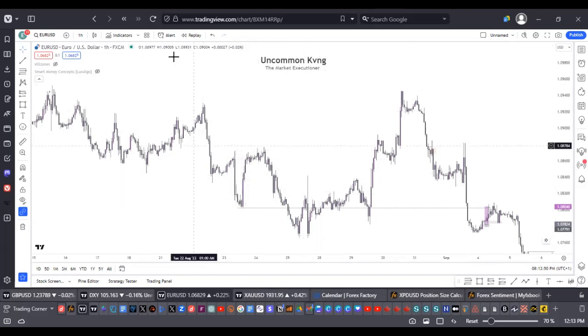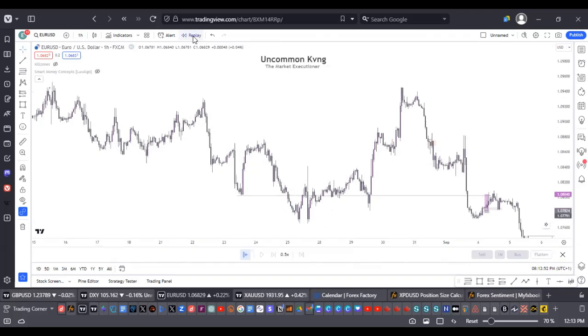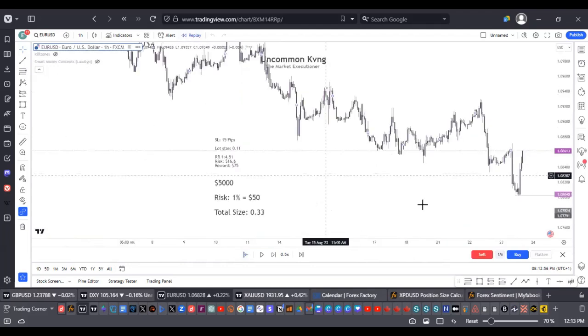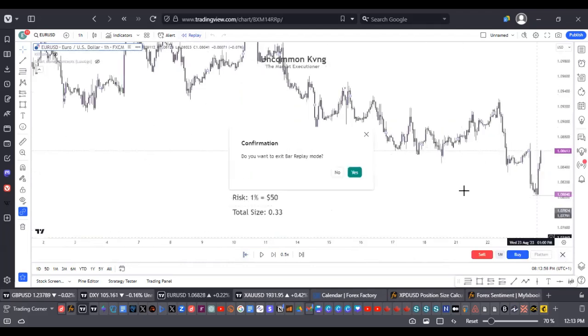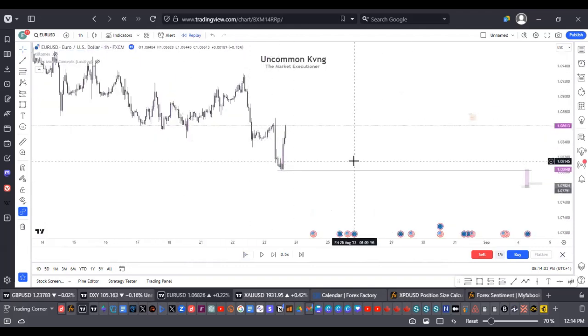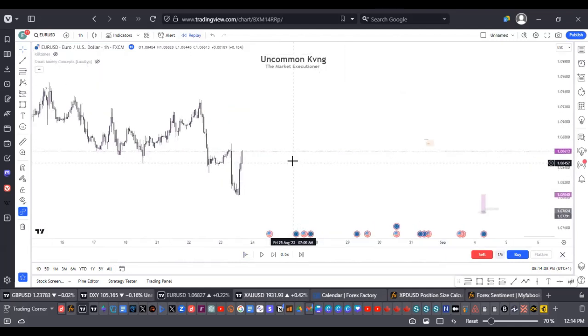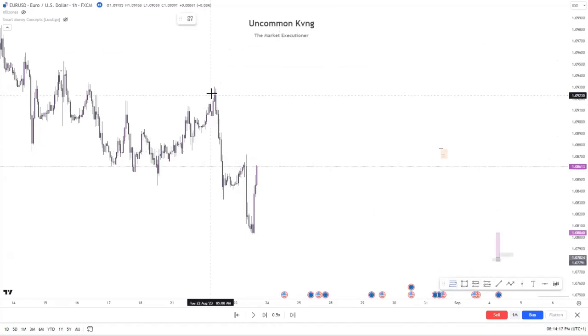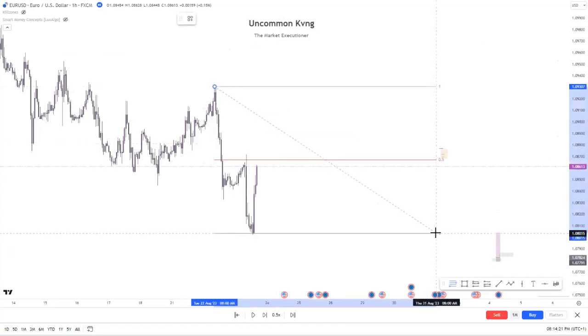So price was somewhere around here, right? And had already printed this low, right? So price had already printed this low. Now, based on the strategy, what we are going to do is to use our Fibonacci tool to mark out this high and then mark out this low.